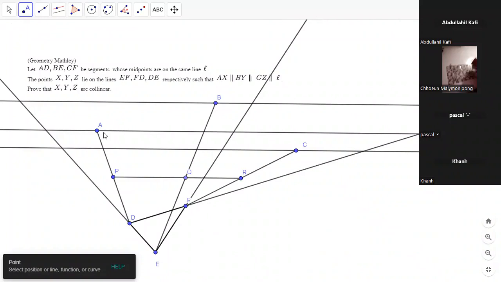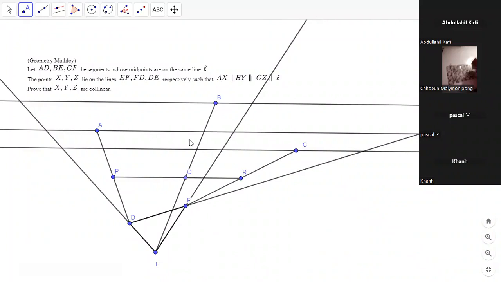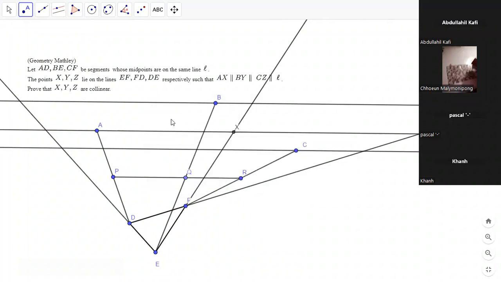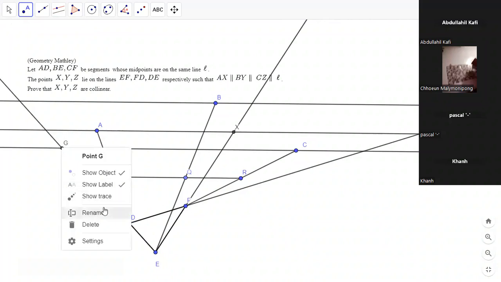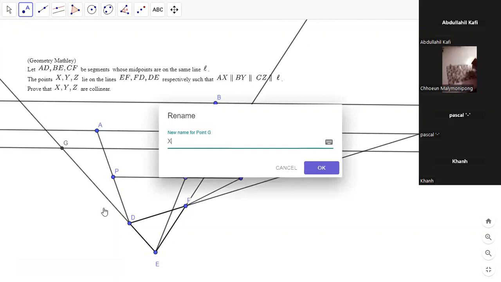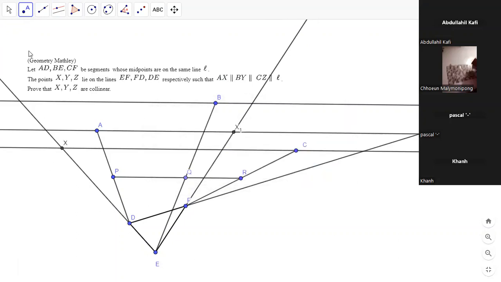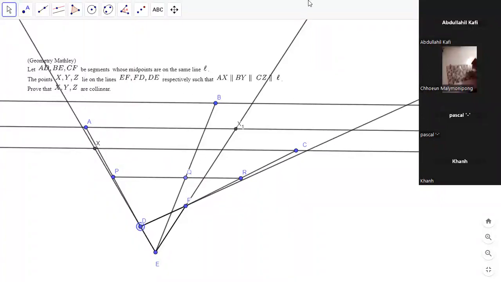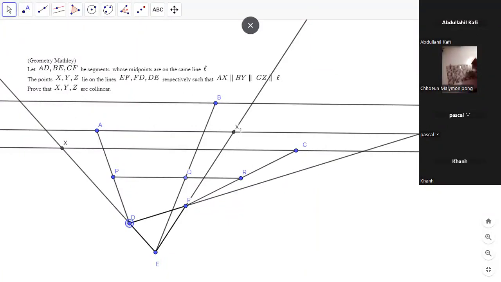X lies on EF, so this is X, and Y lies on FD. I'll draw Z first. This would be Z. And sorry, that should have been Z. I don't know.